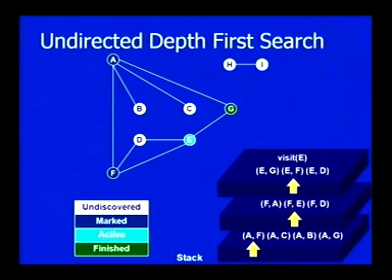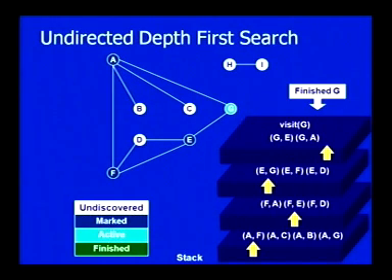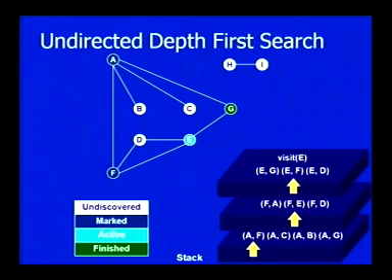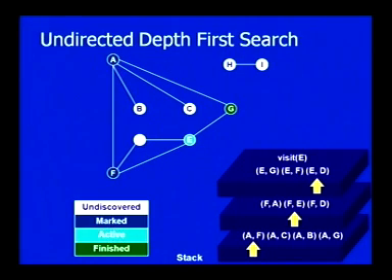So you simply pop it, since all things are over. Then you come to the next entry, that is E comma F. Now F's neighbor is E, and E is already marked, so it is of no use to us. You go to the next one, that is D. D is the newly discovered node.